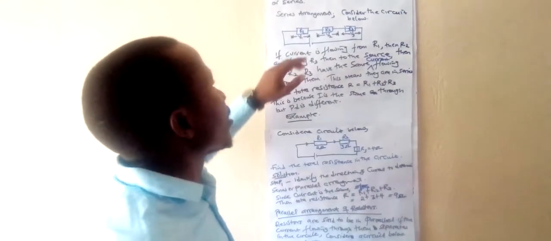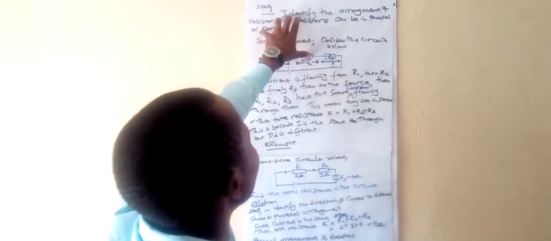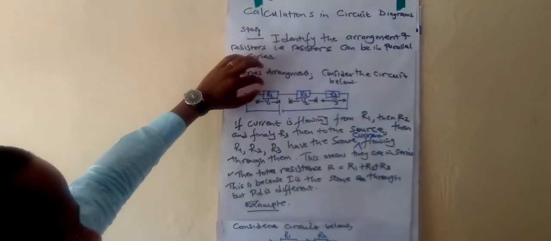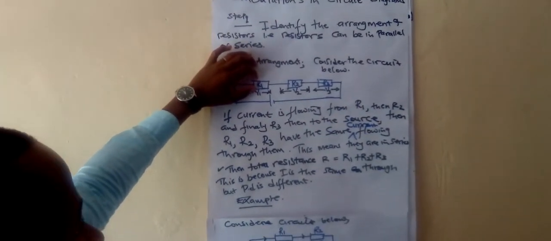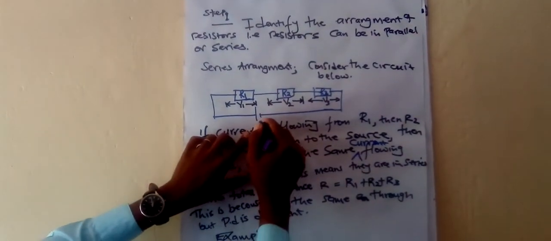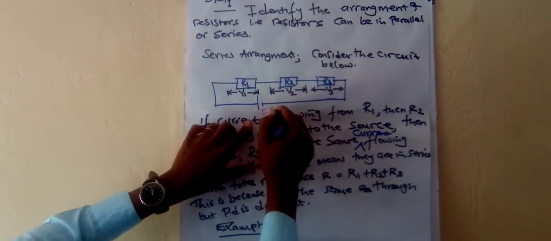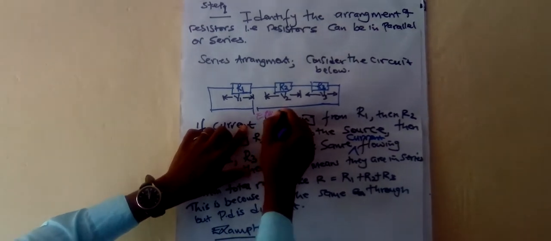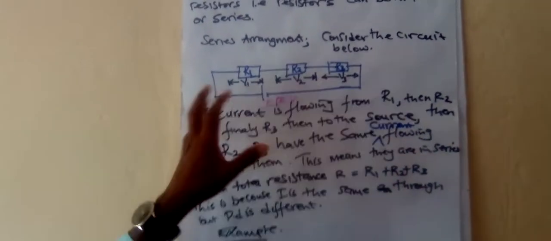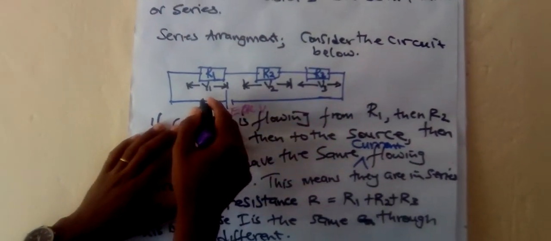Okay, let us look at calculations in circuit diagrams. When we look at our circuit diagram, we have resistors. We have already looked at resistors earlier. We have a cell which will give us our EMF, or our PD, and then we have current flowing.